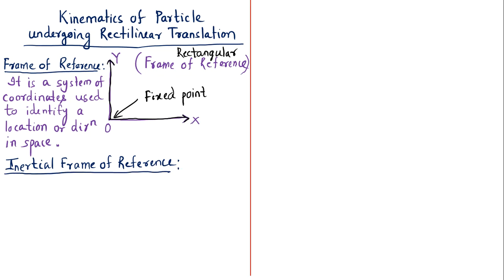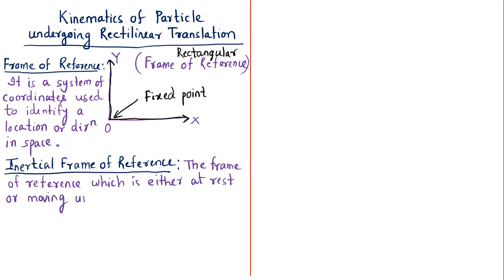What is an inertial frame of reference? The frame of reference which is either at rest or moving with uniform velocity is referred to as an inertial frame of reference.